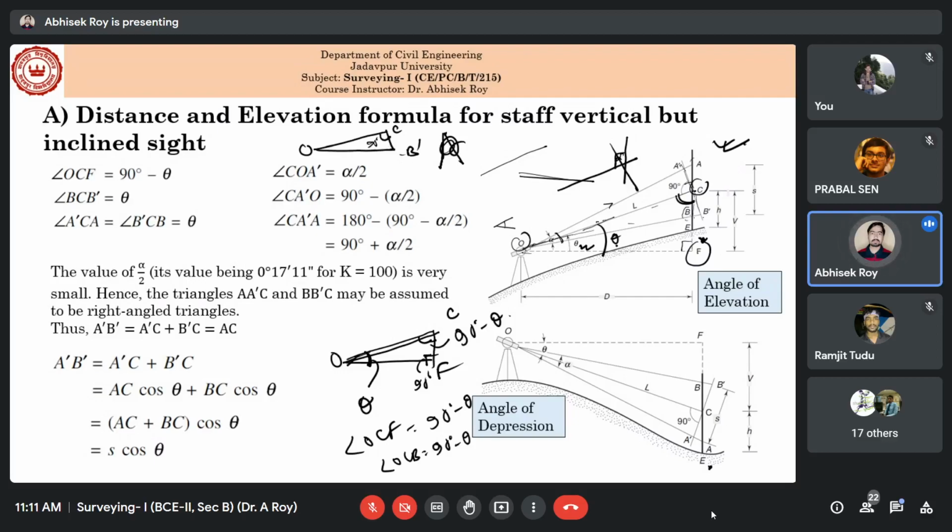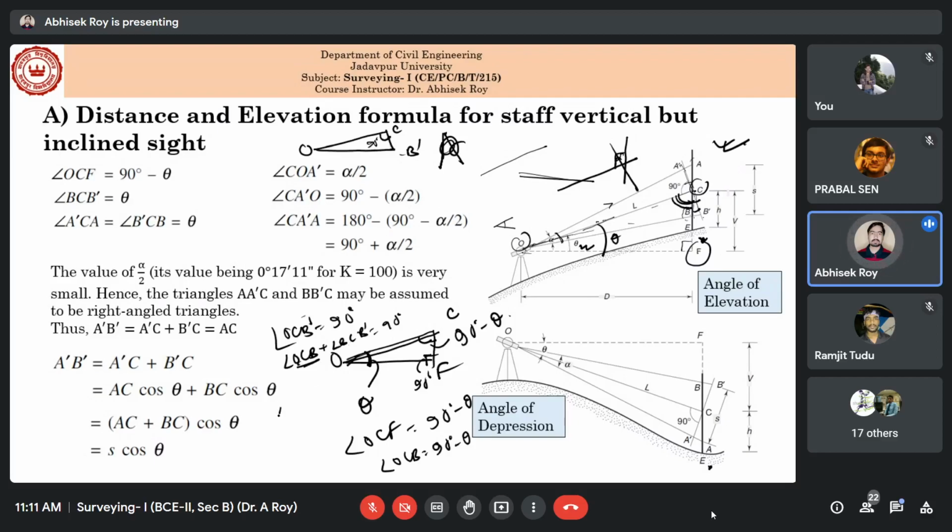In OCB dashed, which is 90 degree, we can write OCB dashed as angle OCB plus BCB dashed. OCB dashed is 90 degree, so we can write that as a summation of this angle plus this small angle. So that will be 90 degree. But we know that angle OCB is 90 degree minus theta.